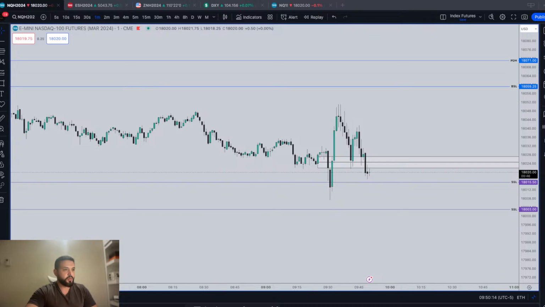Seeing if it respects this level, wants to go lower, or if it goes higher.